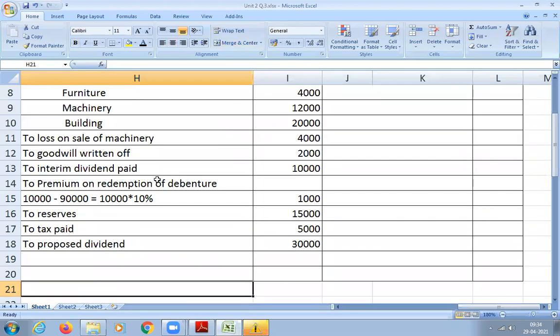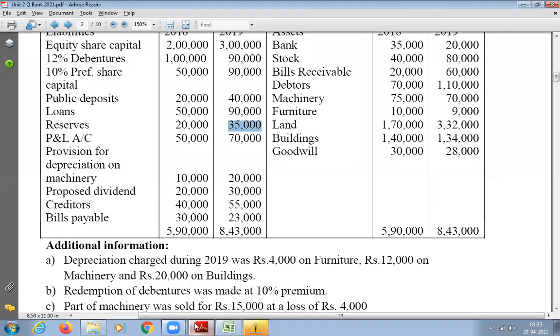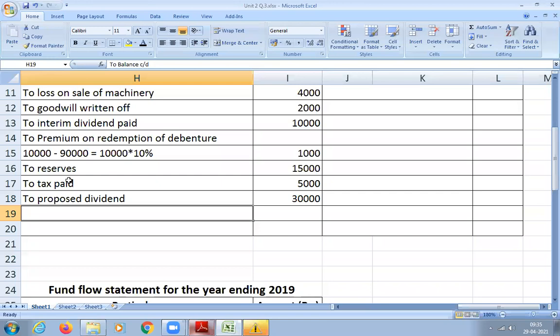Anything else we have to write? Sir, if nothing is there, we have to write the closing balance. Sir, the premium on redemption of debenture, the 10,000 minus 90,000. Yeah, sorry, we have to add one more zero, correct.